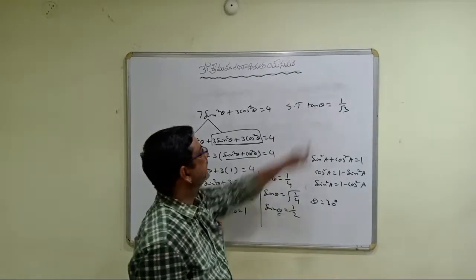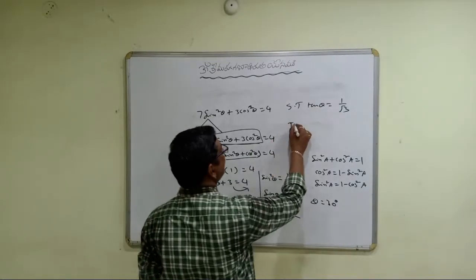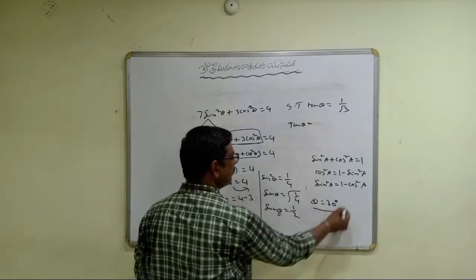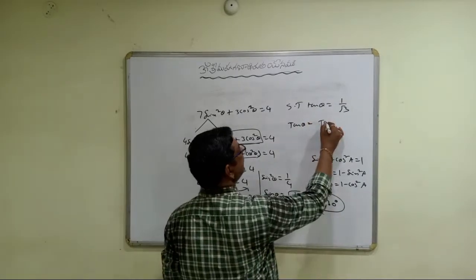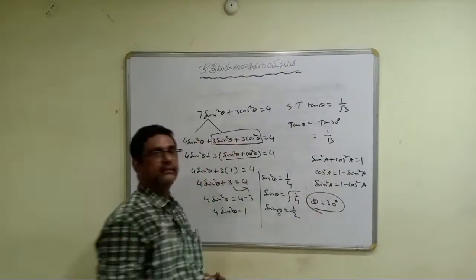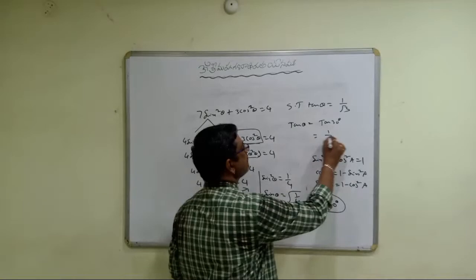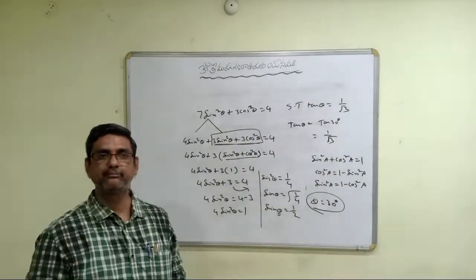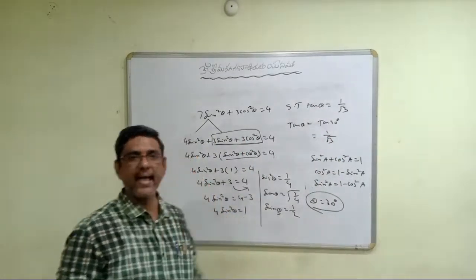So keep 30 over here. We need to find tan theta, and theta we know is 30. So tan 30, and tan 30 we know is 1 by root 3. Understand, children? Tan 30 is 1 by root 3.